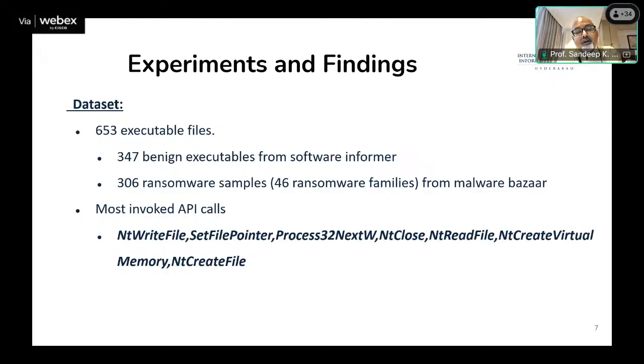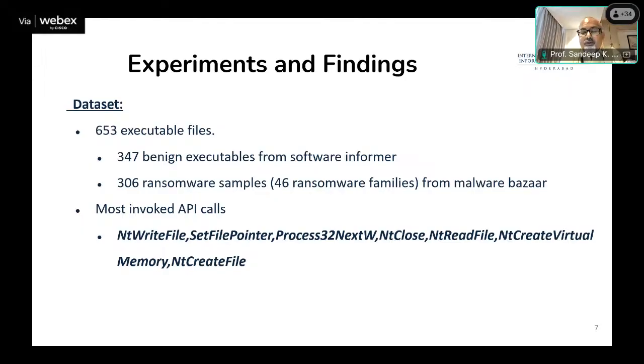So in order to contrast that ransomware uses this particular type of API calls more, and therefore if I see these API calls being called more, I can start suspecting that this is a ransomware, I need to know whether benign files also have the same characteristics. That's why we need almost half and half, benign and ransomware samples.